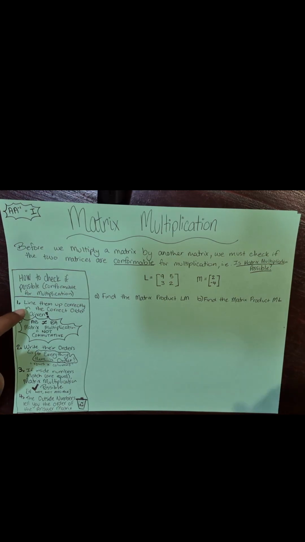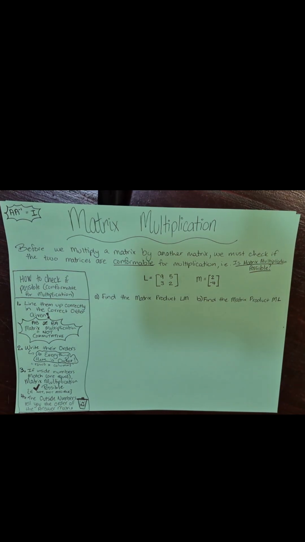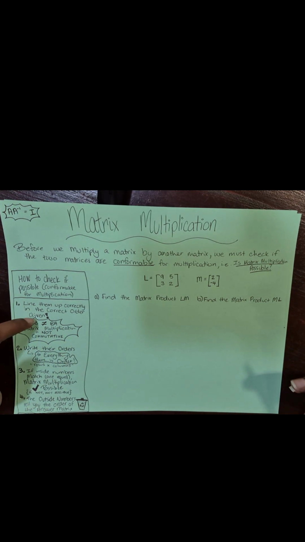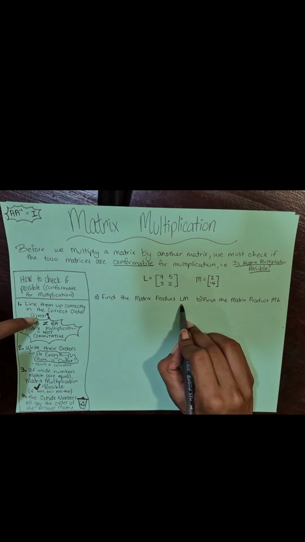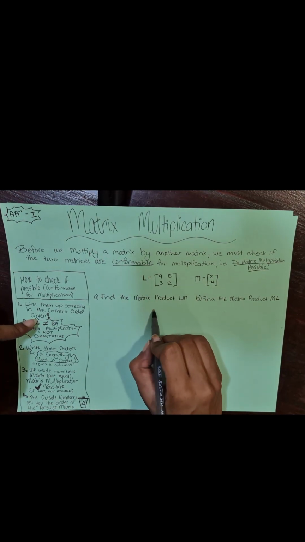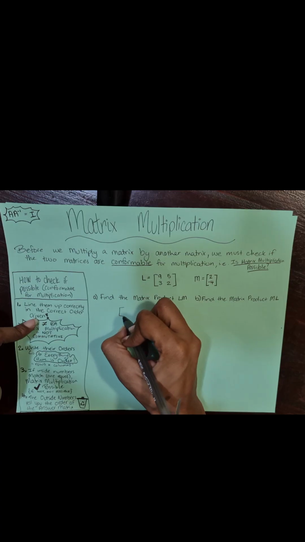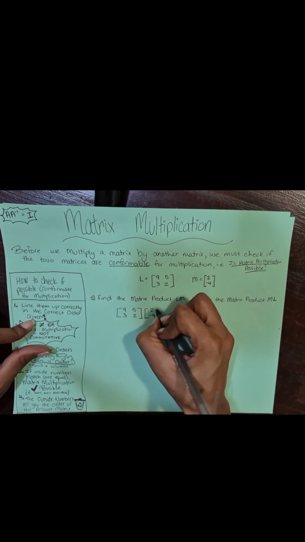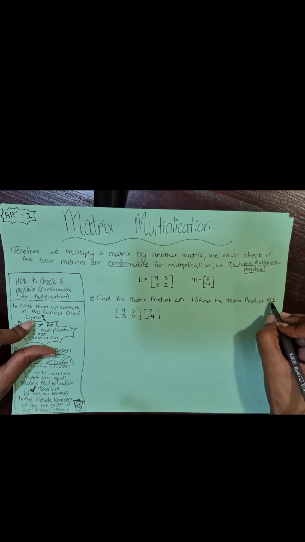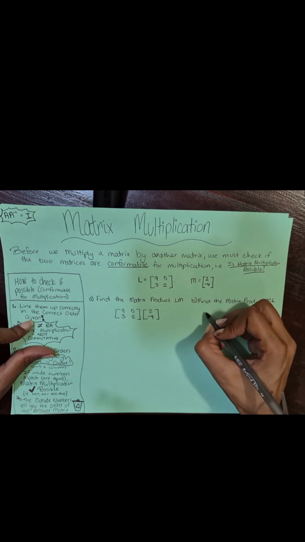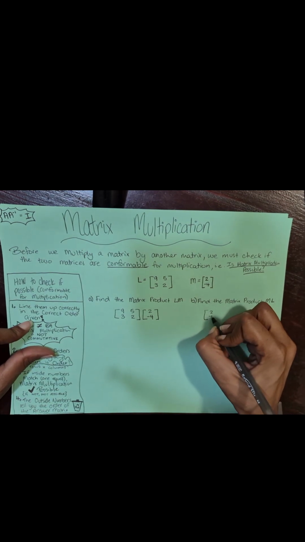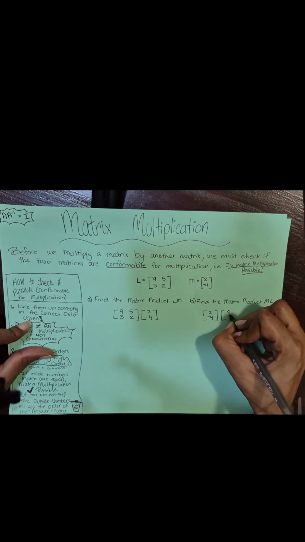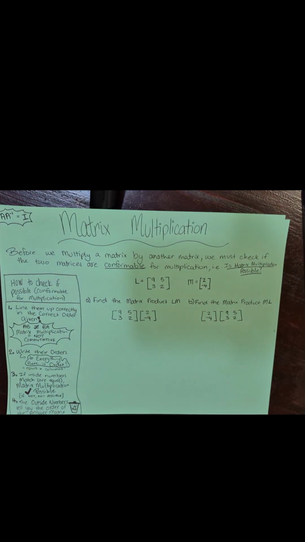So the first thing you have to do is line them up correctly in the correct order given. LM means I have to put L first, then M. And for part B, it was asking me for ML, so I would have to put M first and L second.